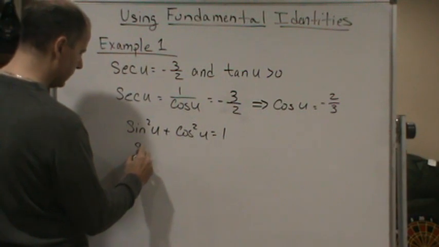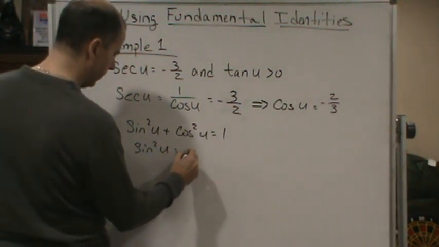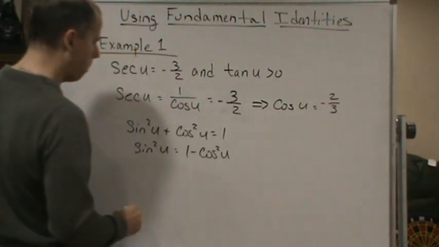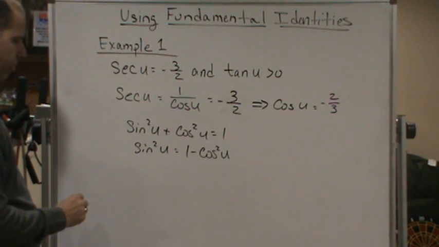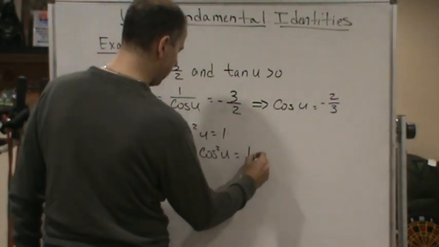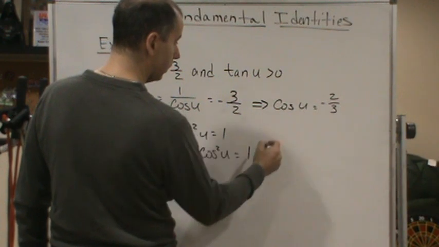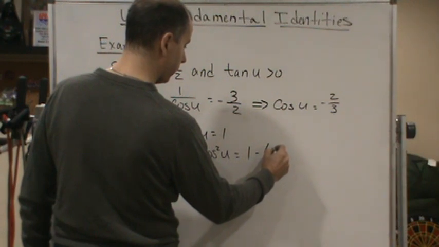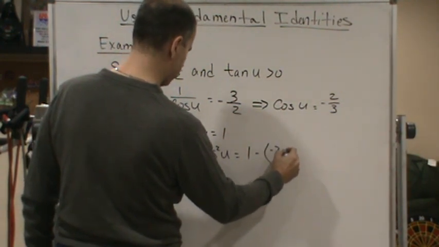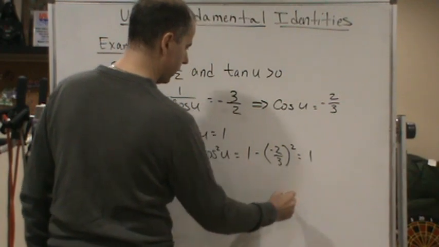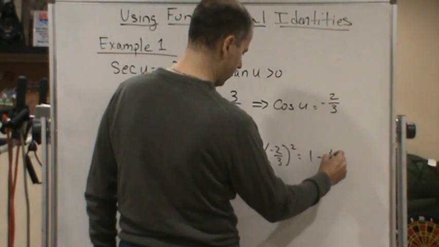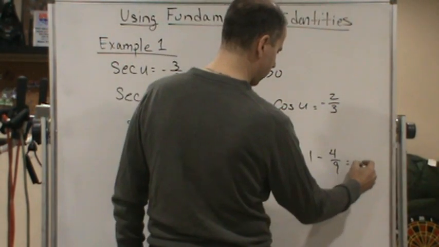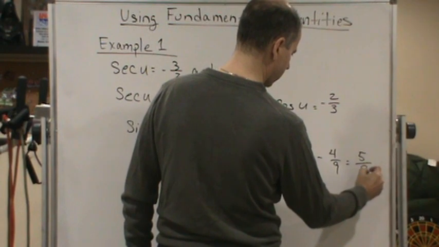So that means sine squared u equals 1 minus cosine squared u, which is going to equal 1 minus (-2/3) squared, which is going to equal 1 minus 4/9, which is going to equal 5/9.